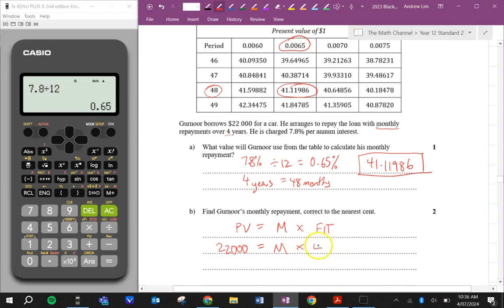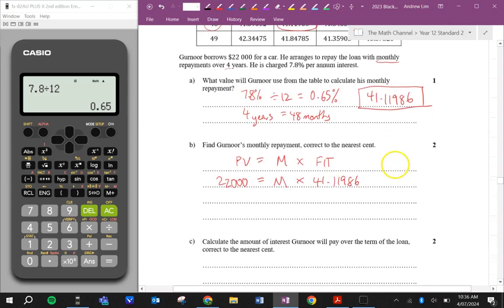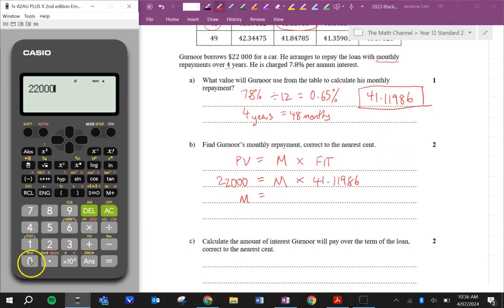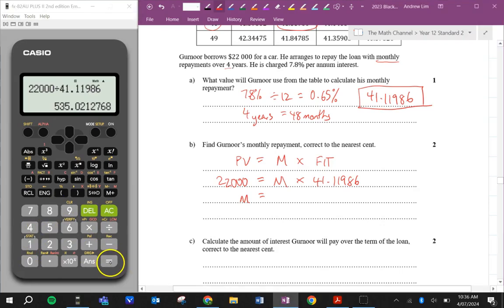The figure in the table is 41.11986. So to get M by itself, we just divide. $535.02 per month.